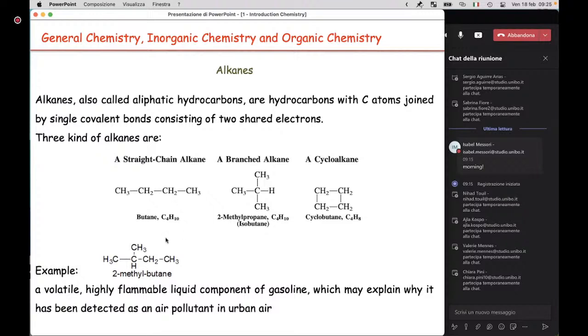This is an example of a branched alkane here, 2-methylbutane, which is liquid. It is flammable, and it is found in gasoline. And it is also, unfortunately, found as a pollutant in urban air.